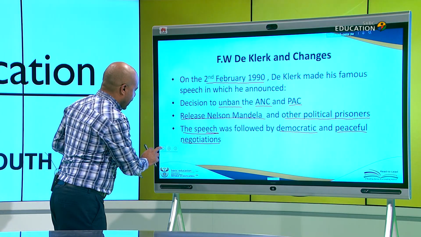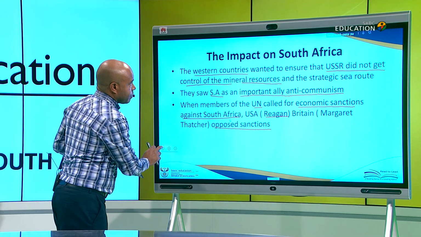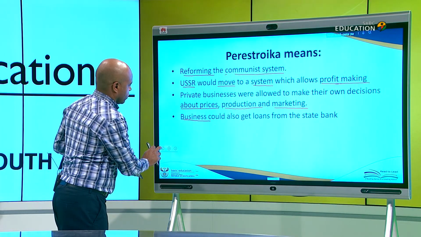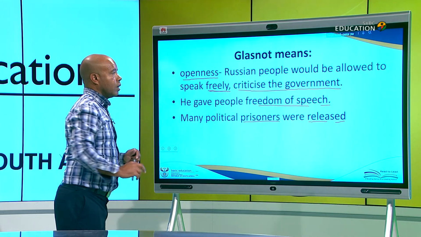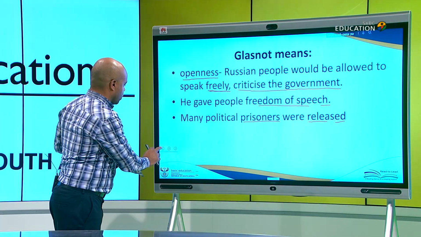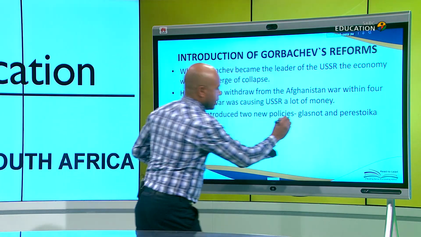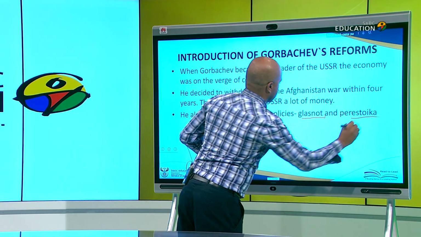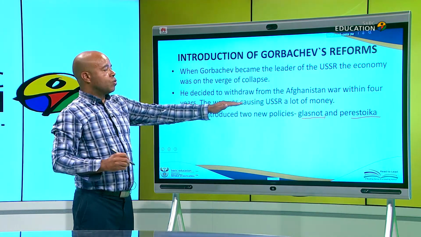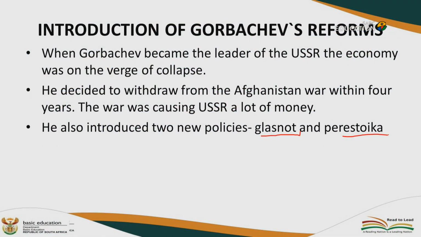But I just want to go back quickly. It is imperative to understand that Glasnost and Perestroika were the two policies that were introduced. Before 1985, before Gorbachev became the leader, Brezhnev was the leader, and Brezhnev also had a policy.